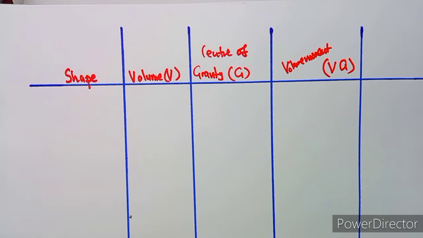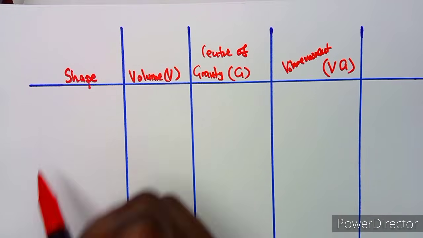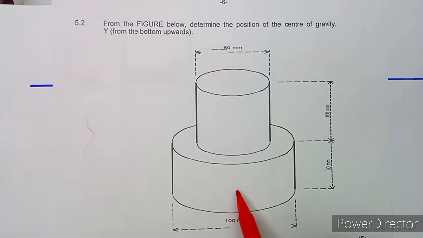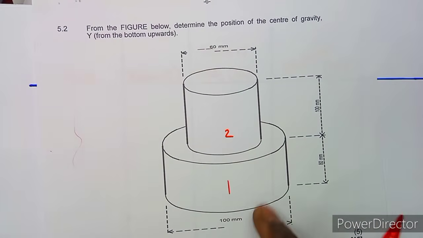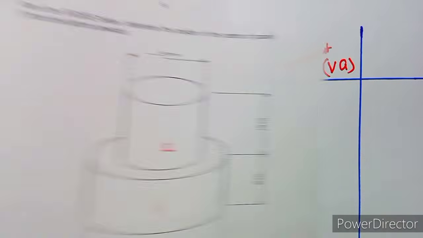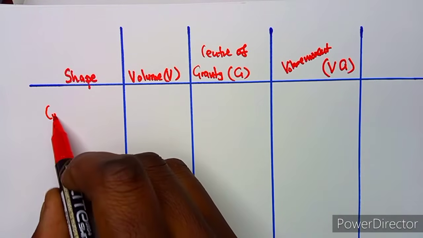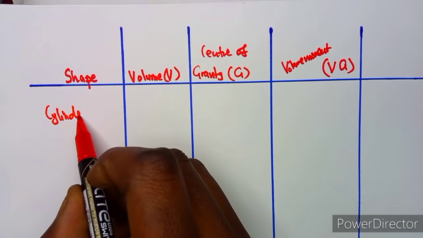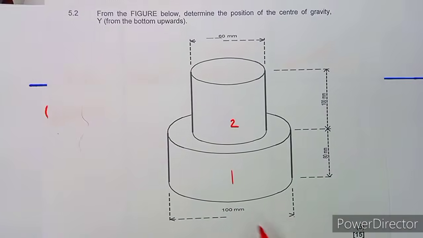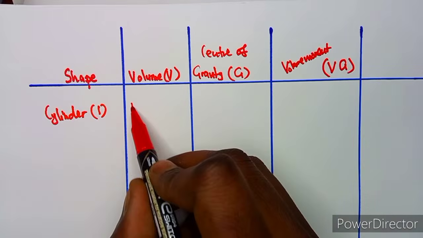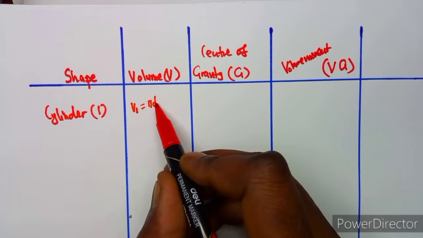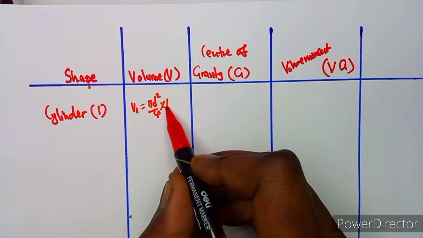Like I said, guys, the first shape we have is a cylinder. Let's just put it as 1 and 2. You're going to start with this one in the bottom. That's our cylinder here. The volume of a cylinder is given by this formula: the base area times the height, so pi d squared over 4 times the height.